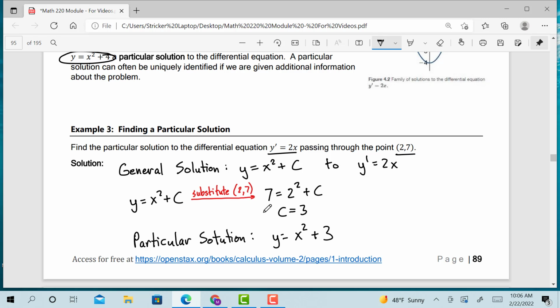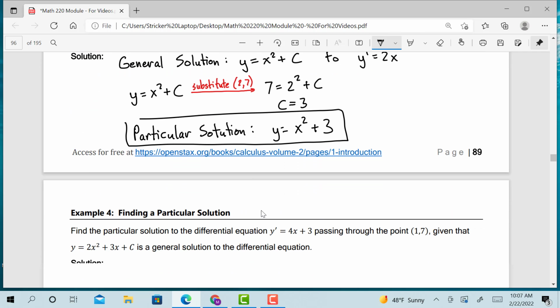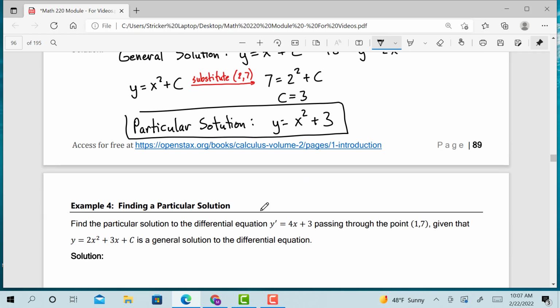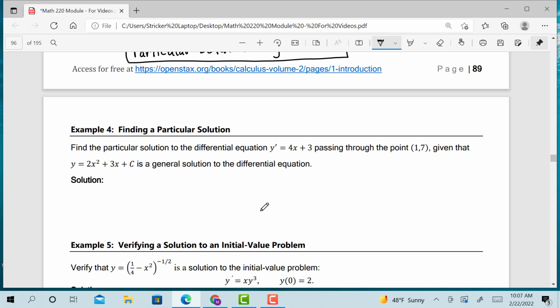That is our particular solution. Okay? So I'm going to let you do one of these on your own. Example 4 says, find the particular solution to the differential equation y prime equals 4x plus 3, passing through the point (1, 7), given that y equals 2x squared plus 3x plus c is a general solution to the differential equation. So go ahead and pause the video and try this one on your own, please.